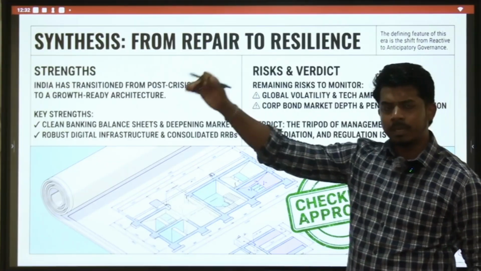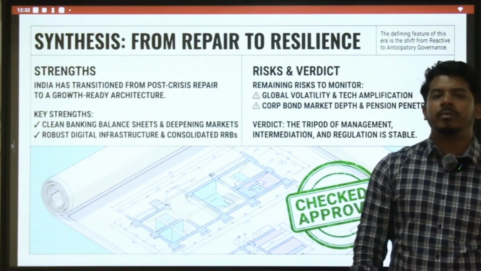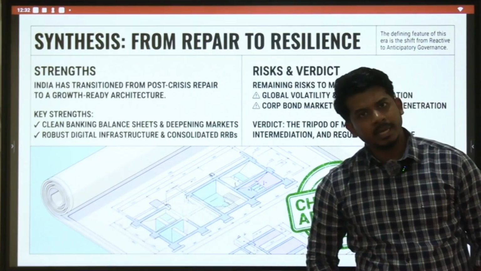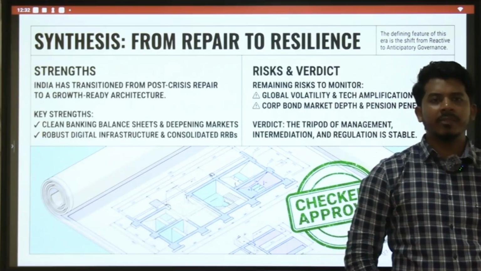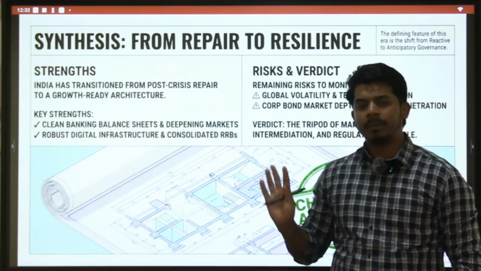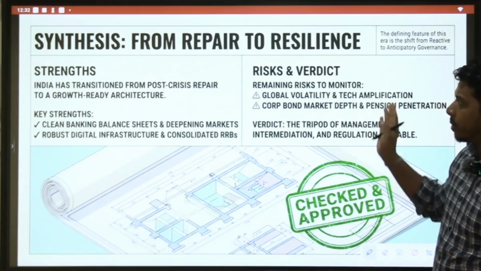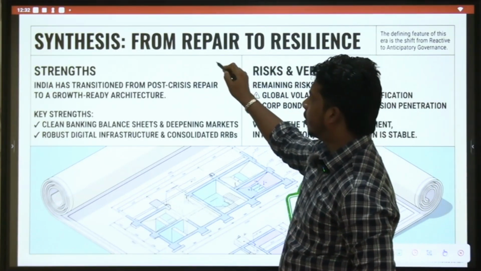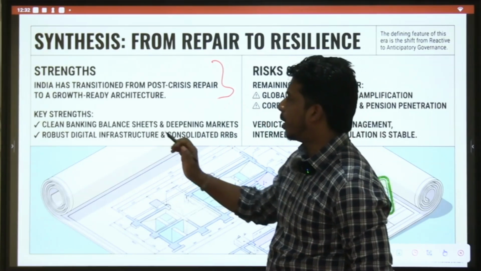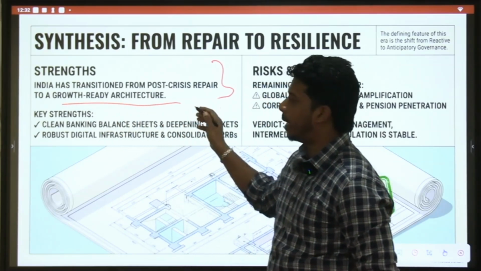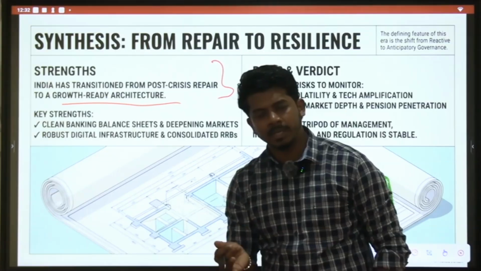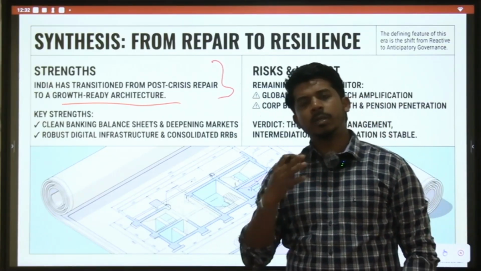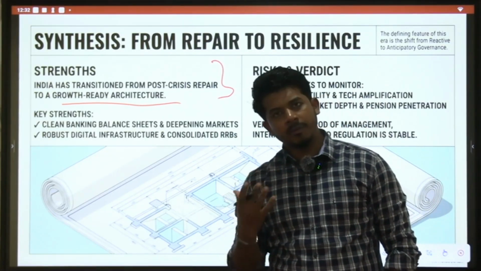So we have seen the monetary management and regulatory fine tuning chapter of chapter 3. If I have to summarize the entire thing, India has come from the post-crisis era to a growth-ready architecture. We are improving in so many aspects. Our credit growth is increasing. Banks have improved.